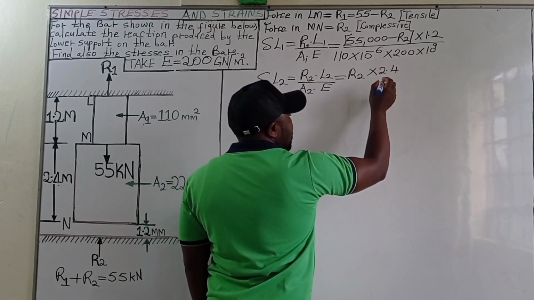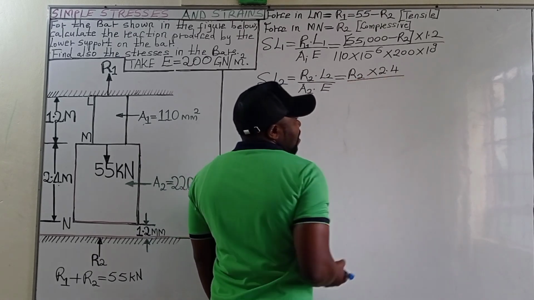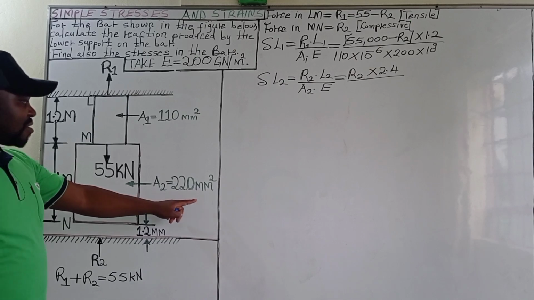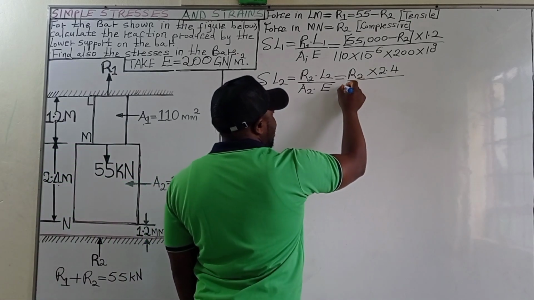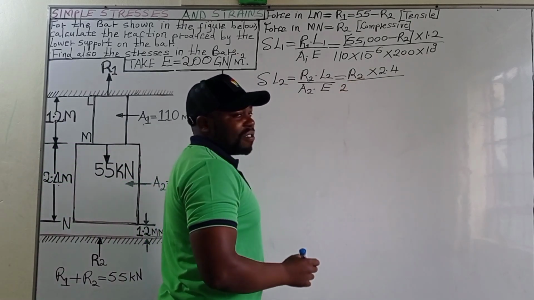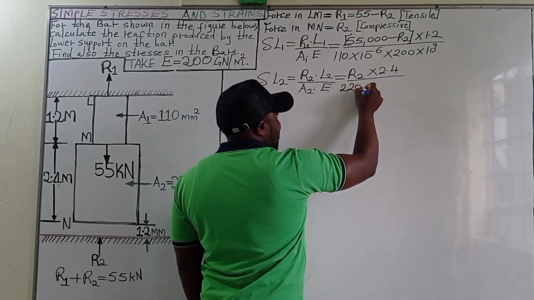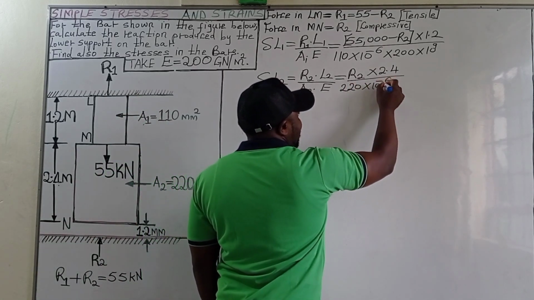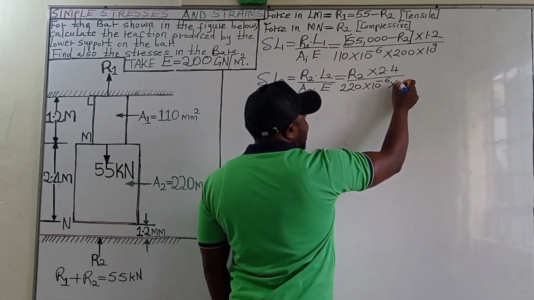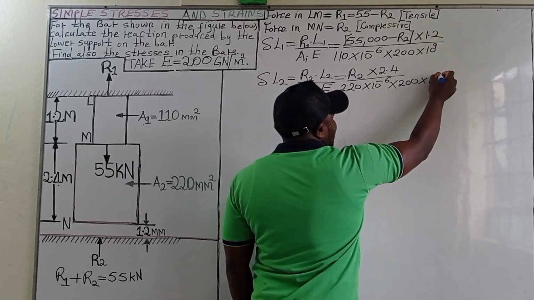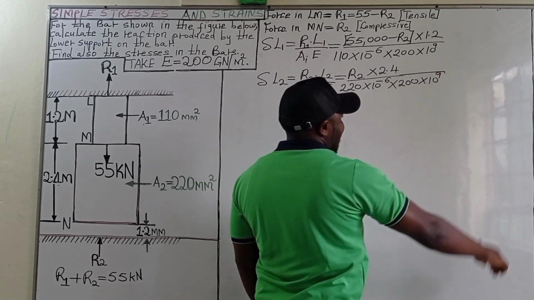Divide this by the cross-sectional area of the lower bar, 220 square millimeters. Convert it to square meters. That is going to be 220 times 10 raised to the power of negative 6, multiplied by the Young's modulus of elasticity, 200 times 10 raised to the power of 9.